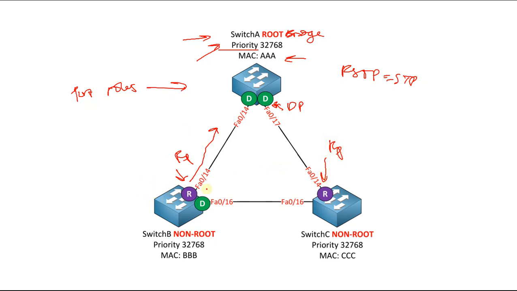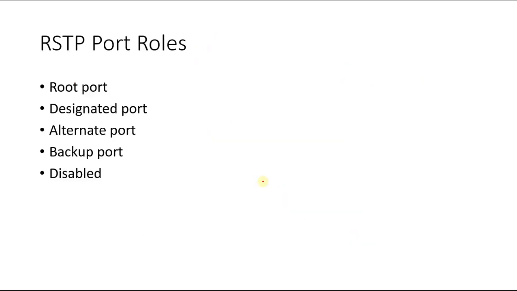Then if we look at the two switches, for example switch B and switch C, we will decide whether one of the switches will have the blocking port.